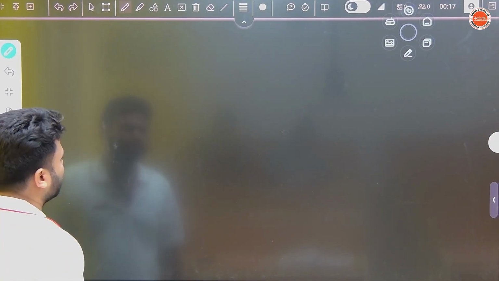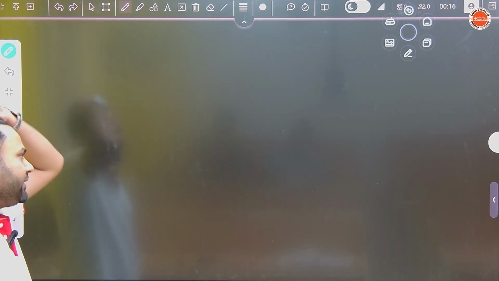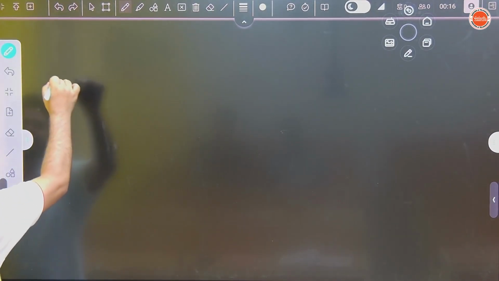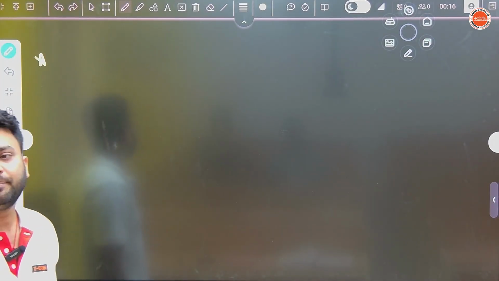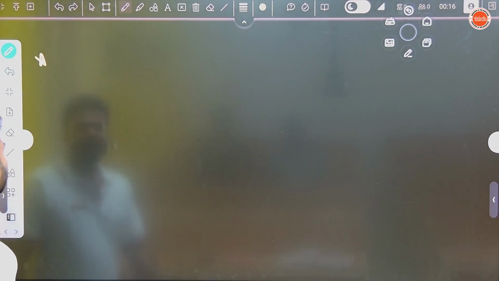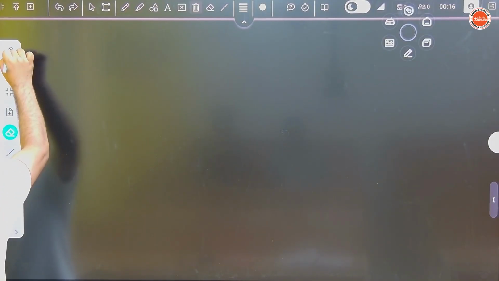One more thing that you need to remember. There is one property of temperature: we have different temperature scales. That also you should remember.